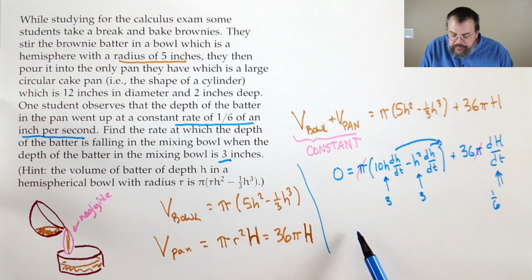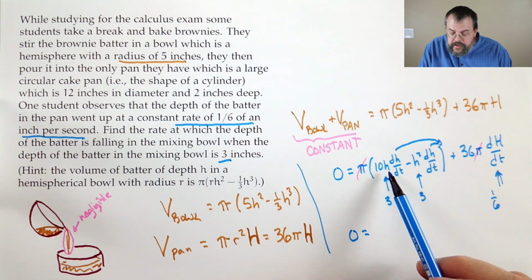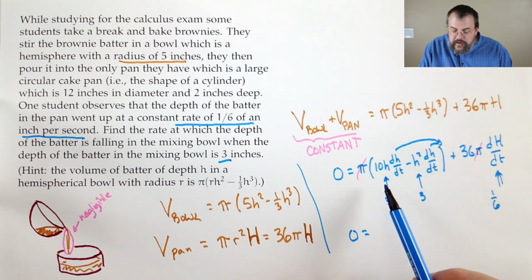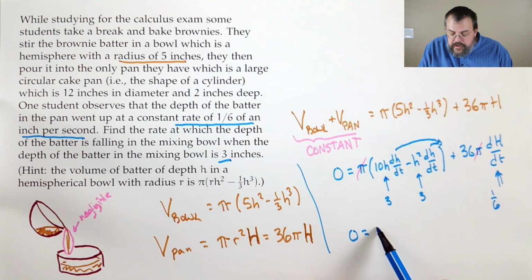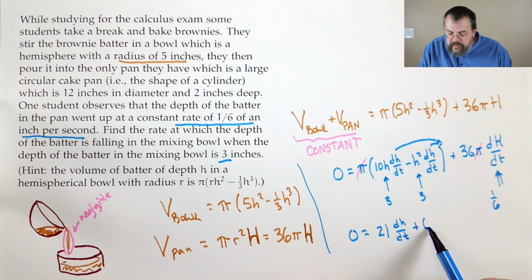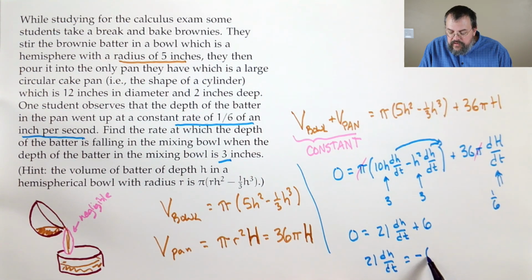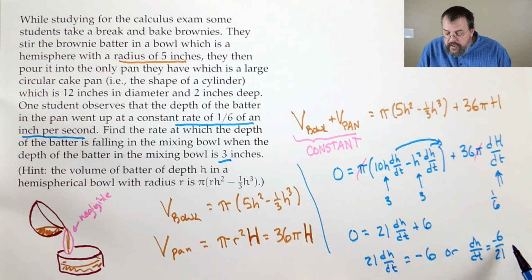That's a common thing. So we get 0 is equal to 10 times 3, which is 30, minus 3 squared. So that's 30 minus 9, which is 21 dh/dt, plus 36 times 1/6, which is 6. Or we could say 21 dh/dt is negative 6, or dh/dt is negative 6 over 21, divide by 3, that's negative 2 over 7.